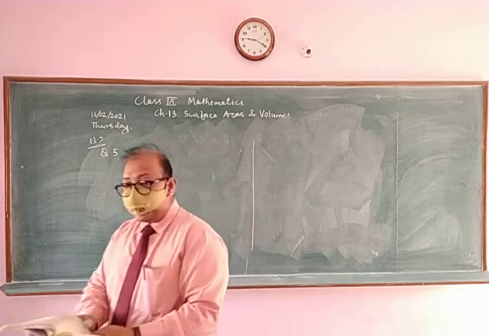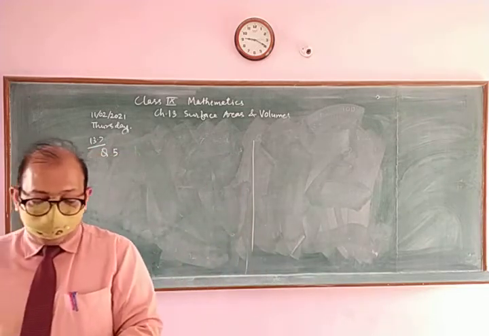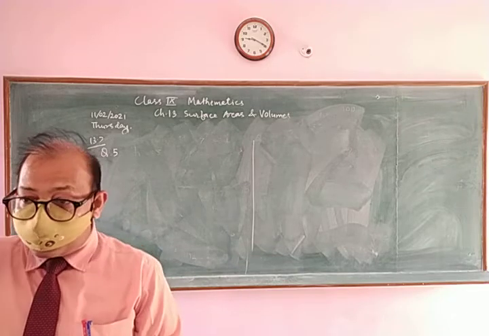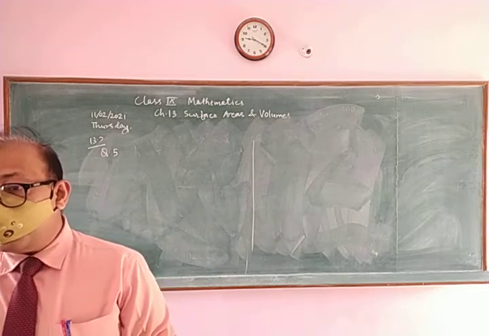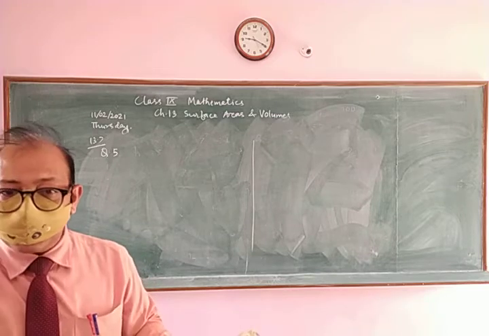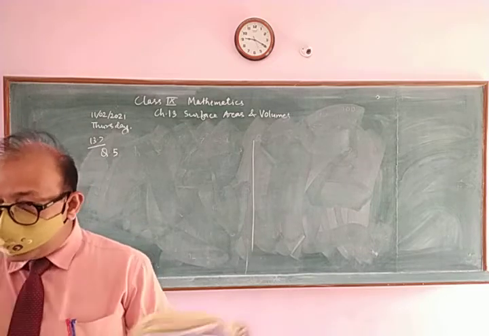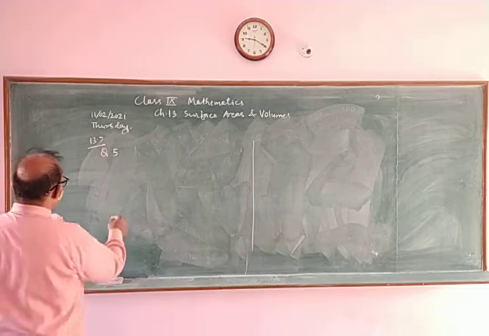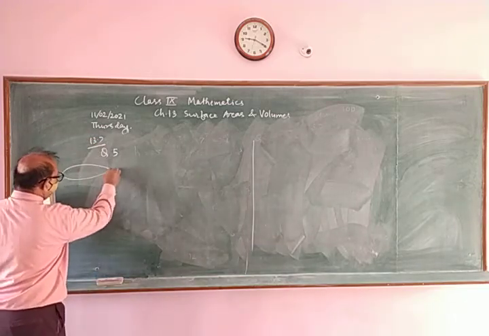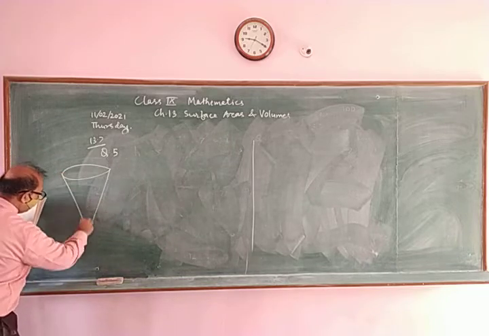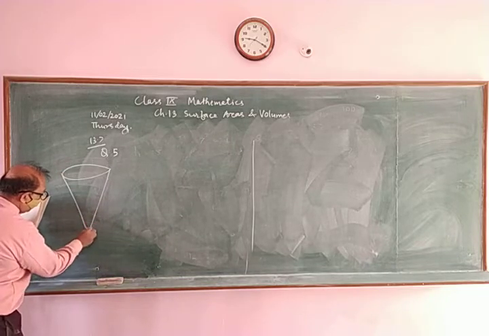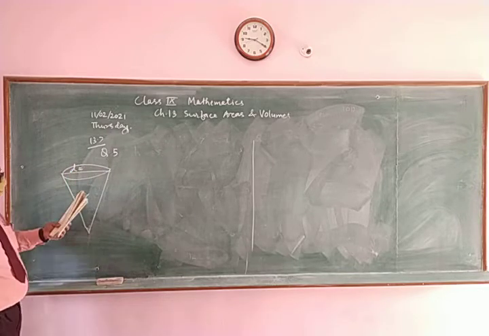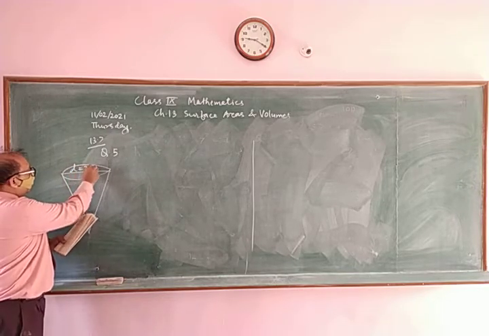A conical pit of top diameter 3.5 meter is 12 meter deep. Pit means gadda. This is the conical pit. Its diameter D is equal to 3.5 meter.